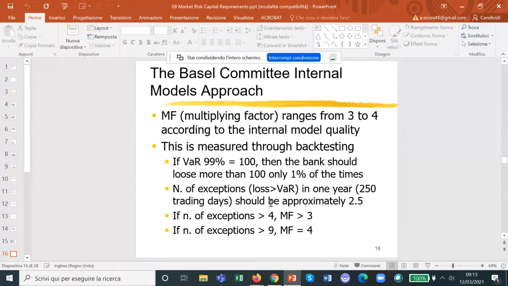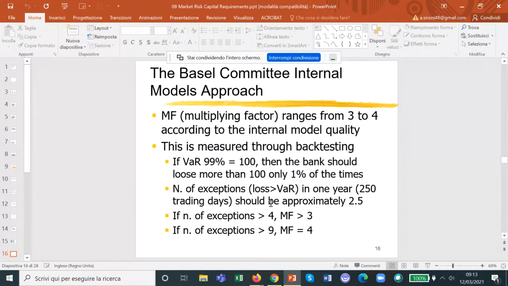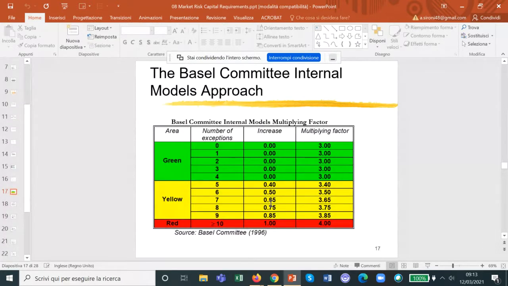If the number of exceptions, i.e. the number of days you lost more than value at risk, is equal or lower than 4, then the multiplying factor is equal to 3. If it is higher than 4, it's more than 3, and that is the table that I showed you last time.